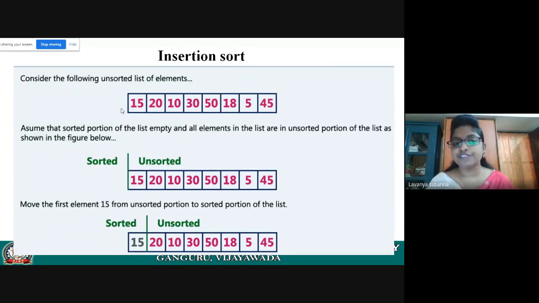Write down the elements. Sort the following elements by using insertion sort. Write down all the elements separated by commas. By using the insertion sort technique, you need to sort the following elements. Please note down.